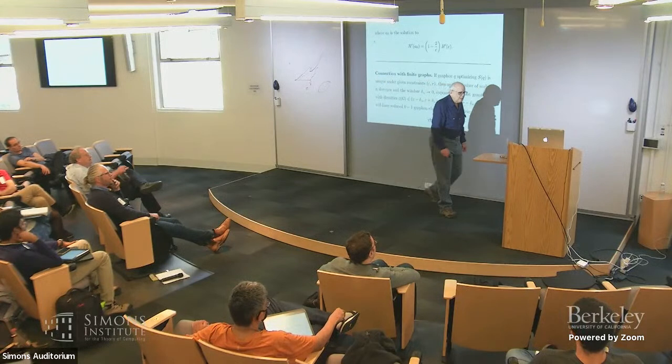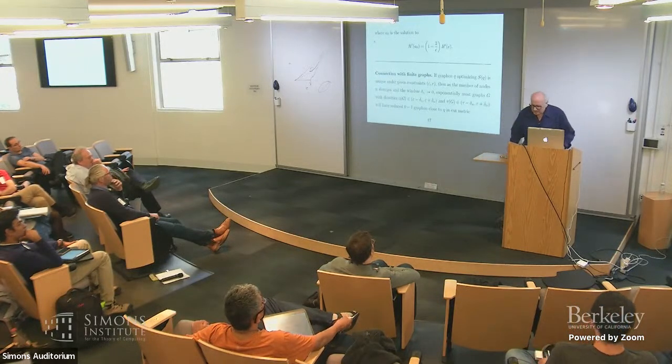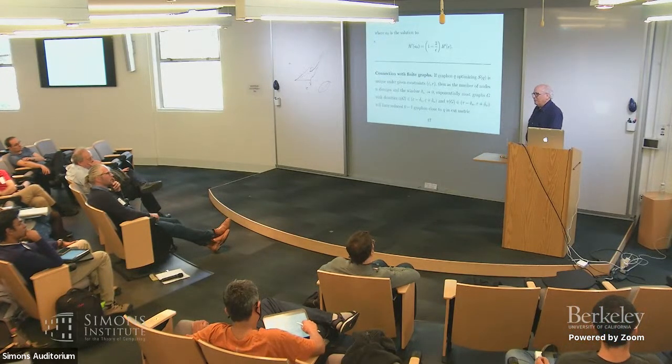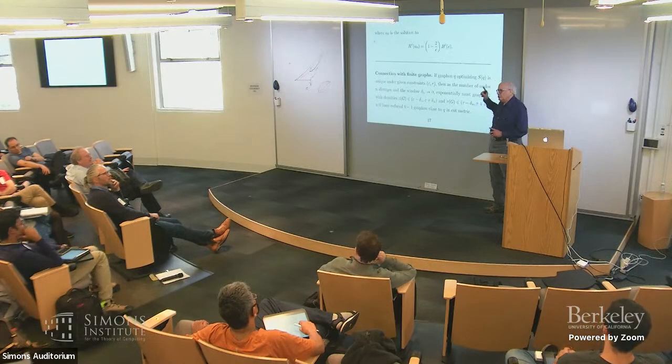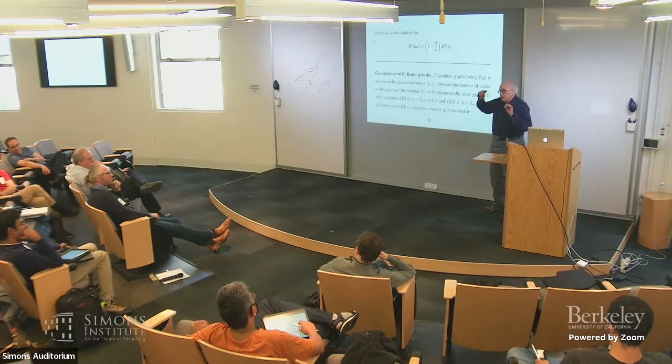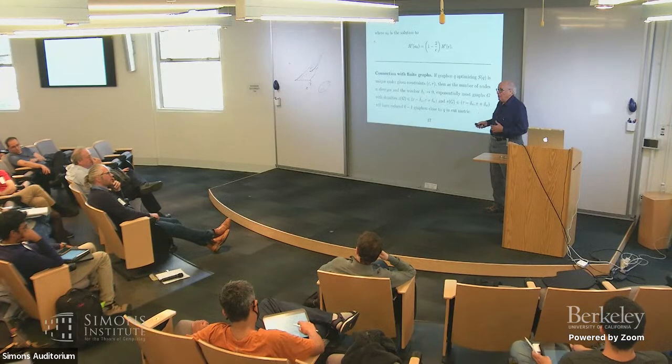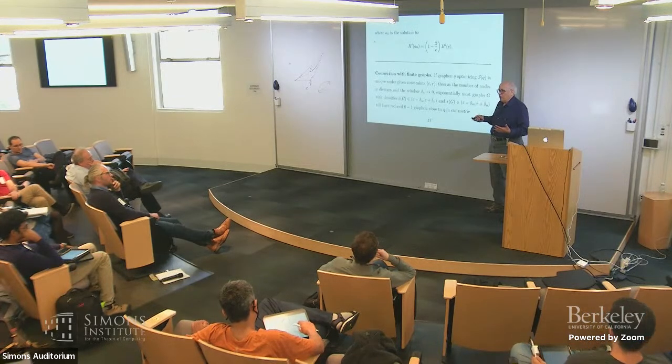So I'll tell you something about that in a historical setting, which might be useful. When Sadun and I started this project in 2013, we knew that our optimum graphon is supposed to be the maximizer for that simple function.